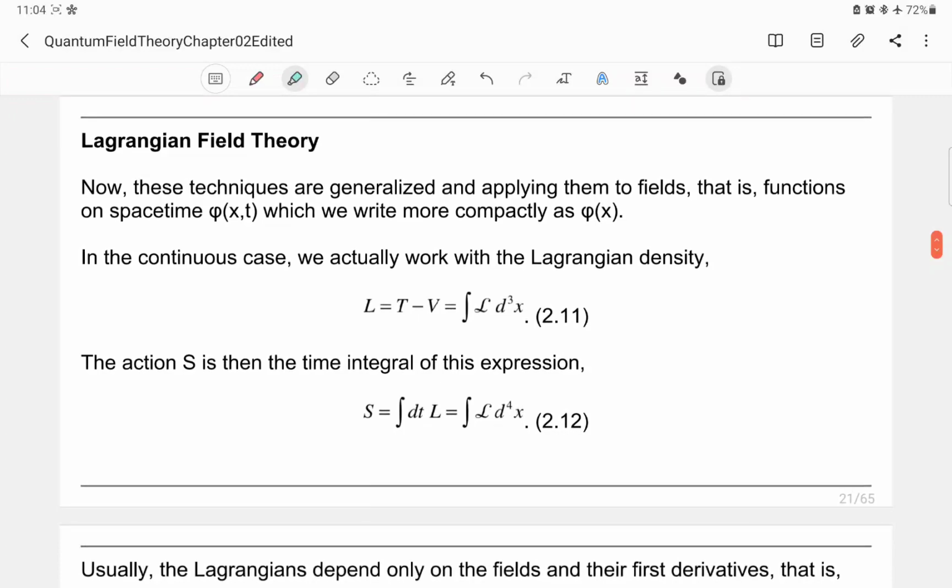So we'll now go to studying the fields, and we will use the techniques used in classical mechanics to find the equations of motion of the fields.